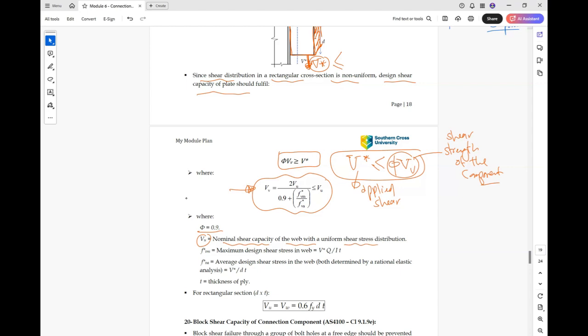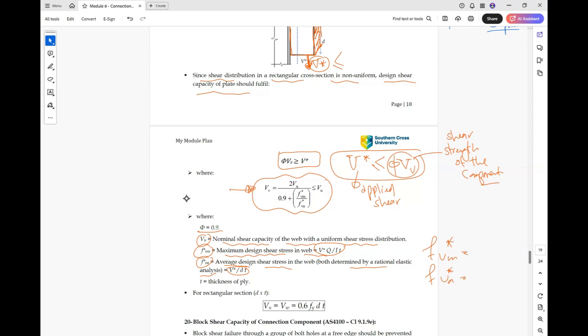So V_u is the nominal shear capacity of the web, where V star_vm is the maximum design shear stress in the web, equal to V star Q divided by I t. V star_va is the average design shear stress in the web, both determined by rational analysis, or equal to V star over d t. So we have V_m and V_a.